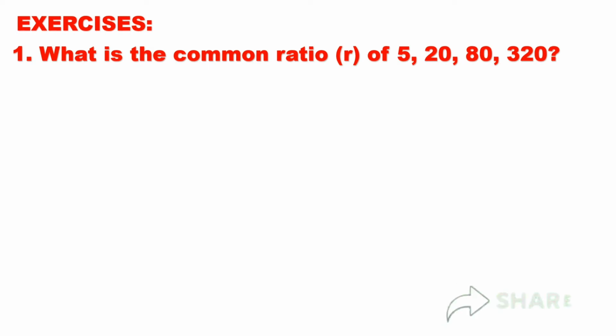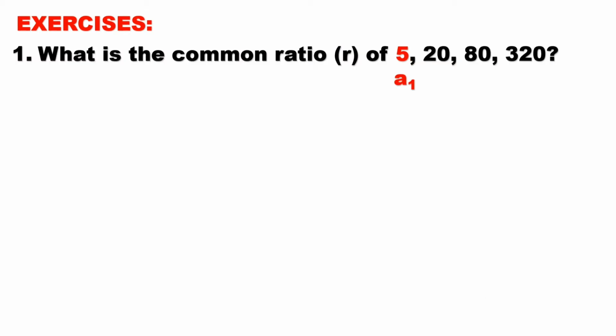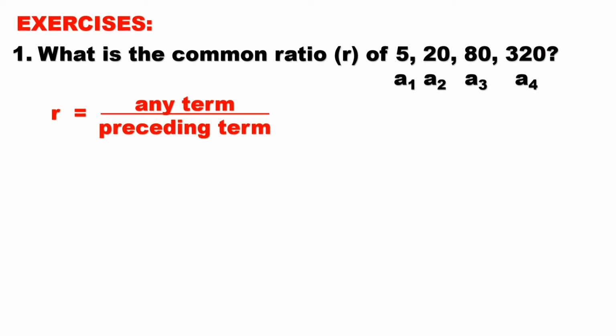Number 1, what is the common ratio of the sequence 5, 20, 80, and 320? In the problem, a sub 1 or first term is 5, a sub 2 is 20, a sub 3 is 80, and a sub 4 or last term is 320. To get the common ratio, we will divide any term by its preceding term.